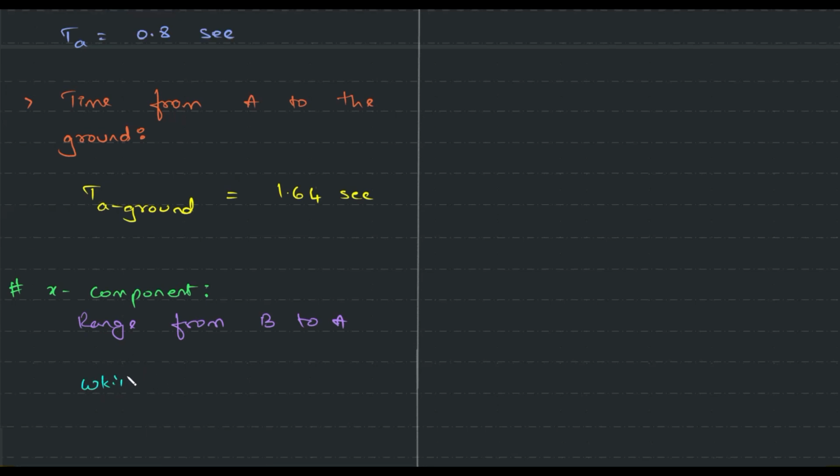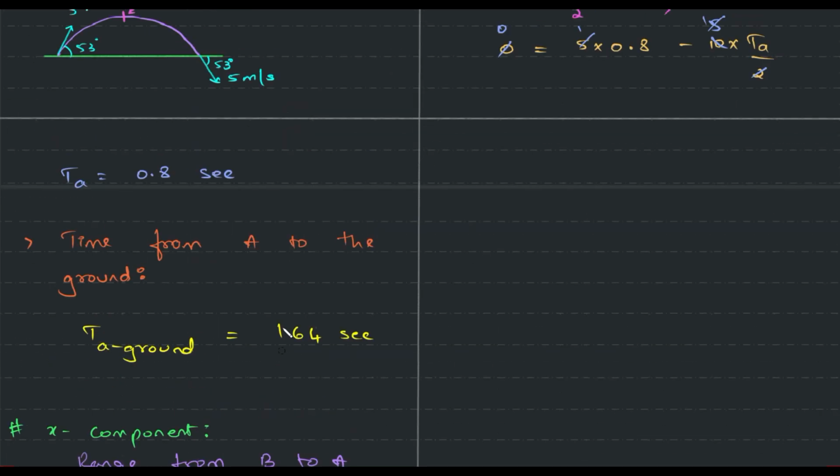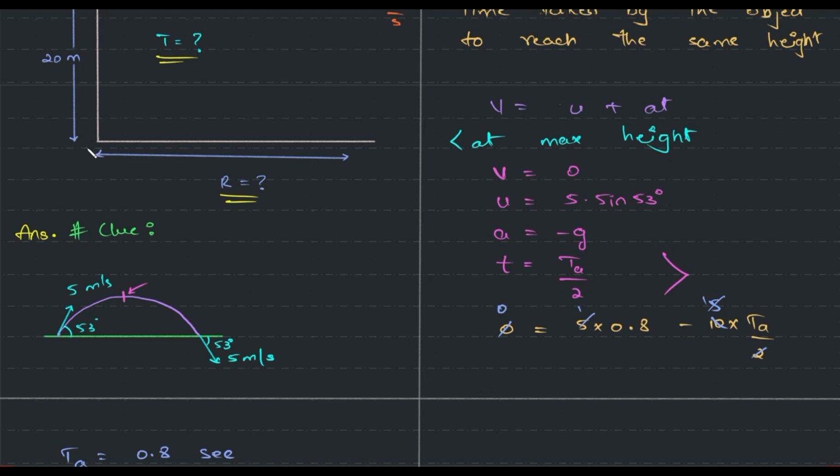So we know that your initial velocity is 5. This would be cos of 53. Then there's no acceleration. Actually, I can directly do this. Range from, actually not A, B per se now. I have to call this as some other value.